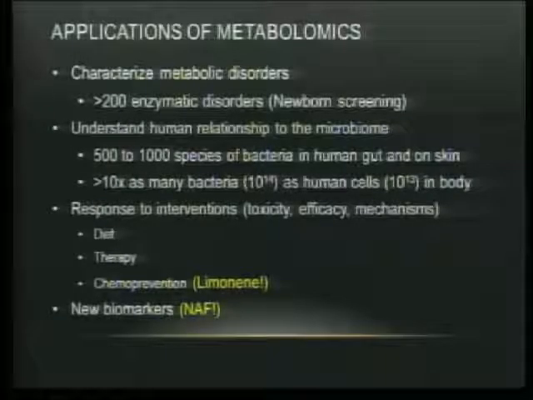At the U of A, we screen for around 20, but one of my friends and colleagues at Imperial College has developed an assay to screen for over 200 at one time, and she's trying to move that forward in clinical practice.